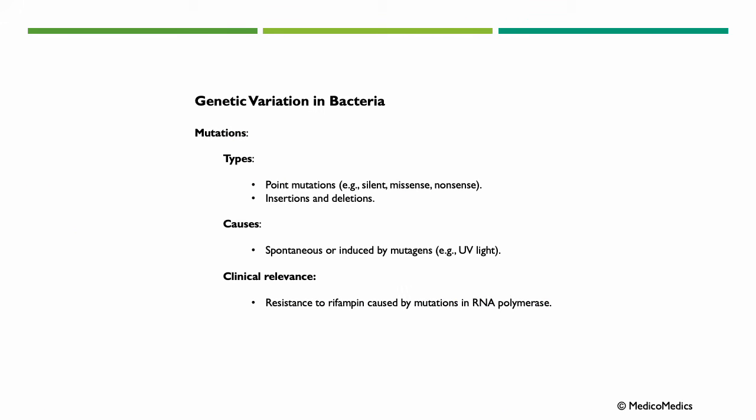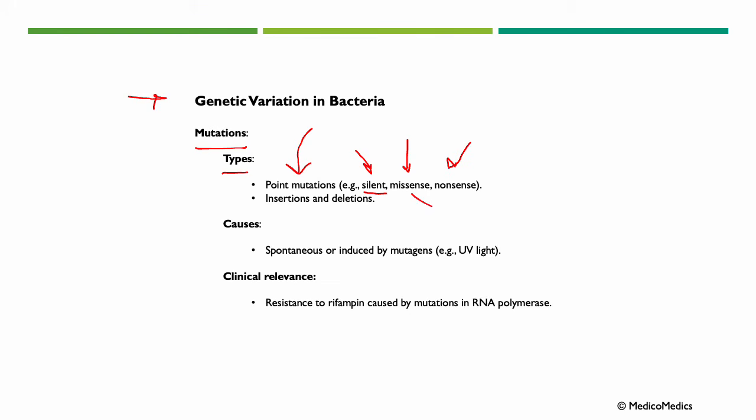Now, it's also important to mention genetic variation in bacteria. So we can have mutations, and we have different types of mutations. For example, point mutations, like silent, missense, or nonsense. Here, a single nucleotide change in the DNA sequence that leads to different effects. So if it's a silent mutation, there is no effect on the protein.